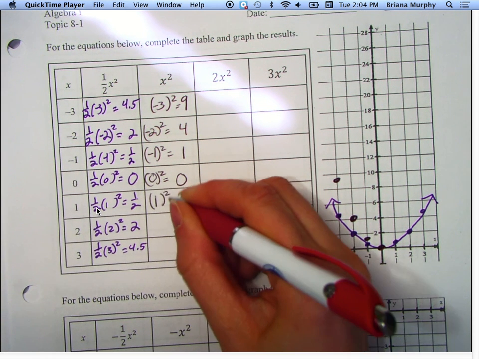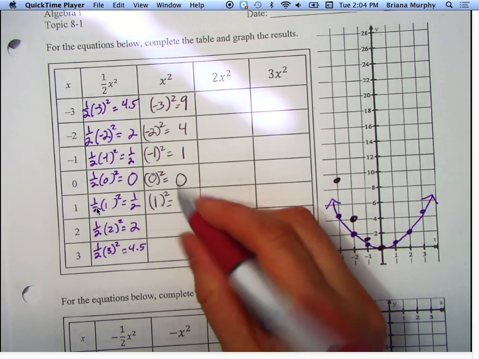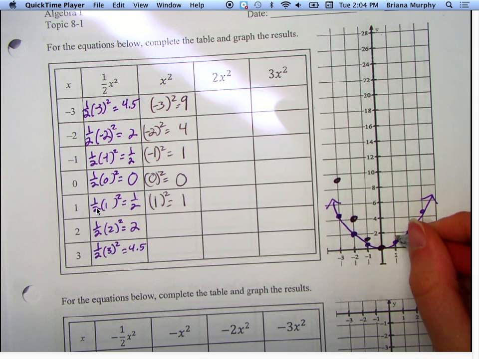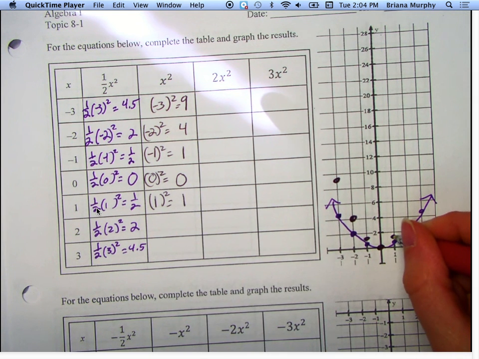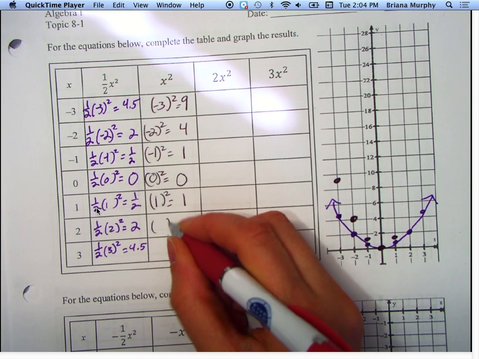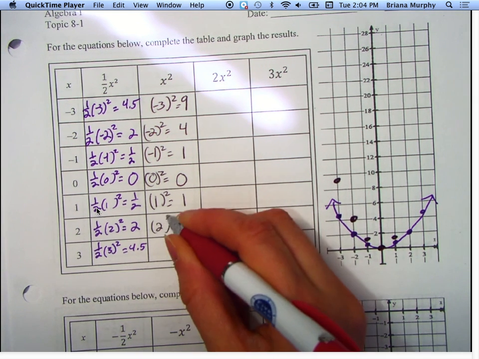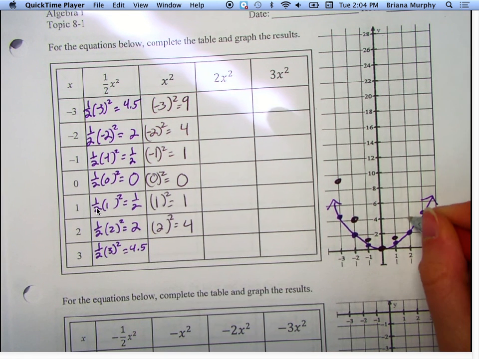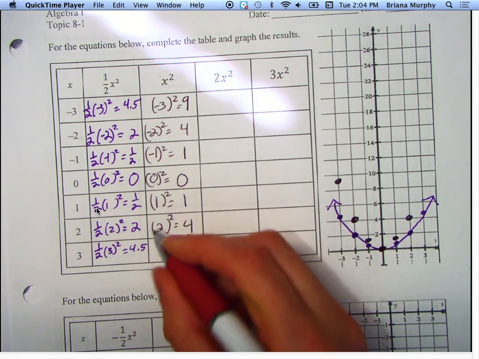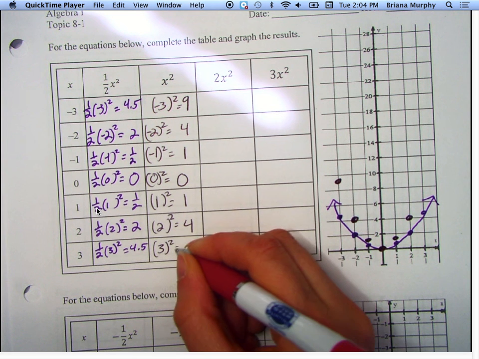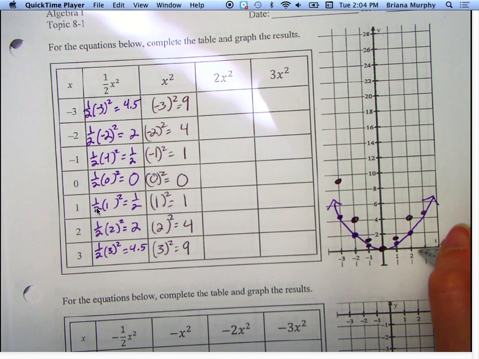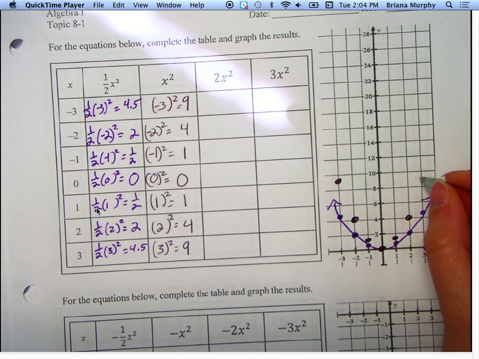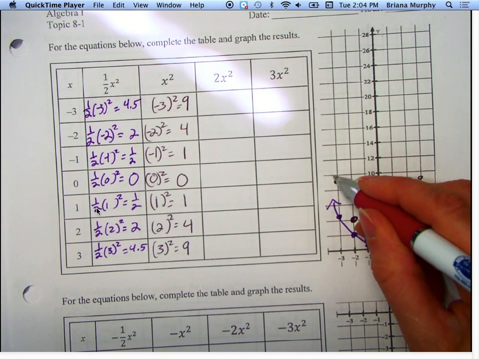What's 1 squared? 1. What's 2 squared? 4. And then 3 squared is? 3 times 3 is what?